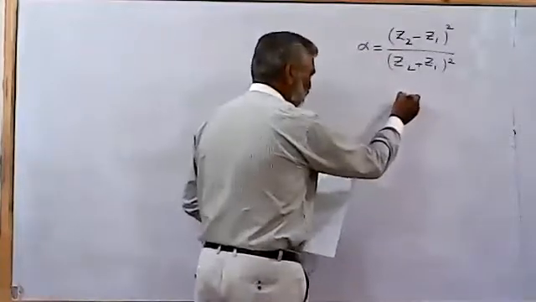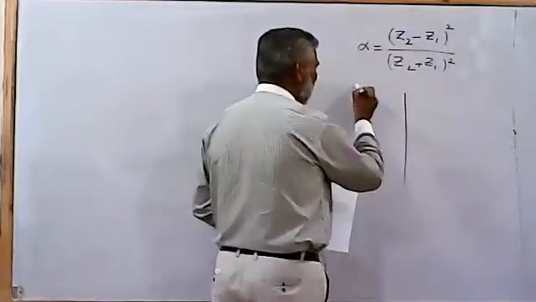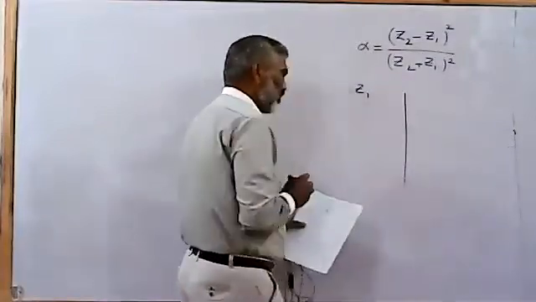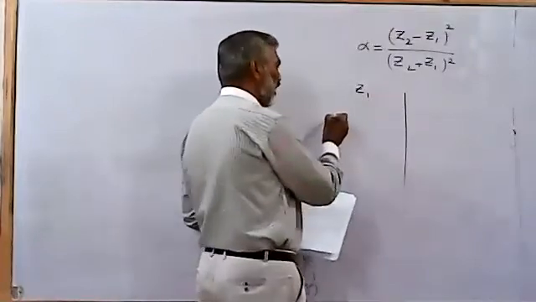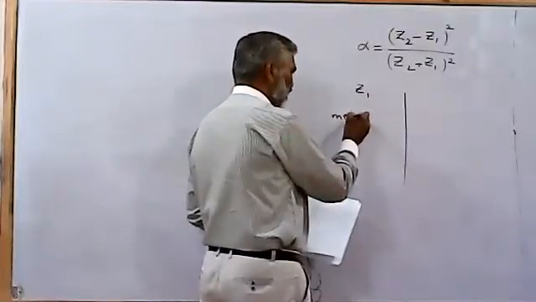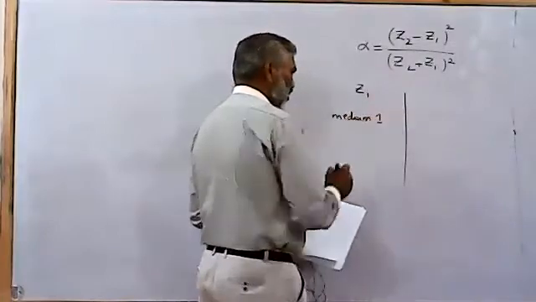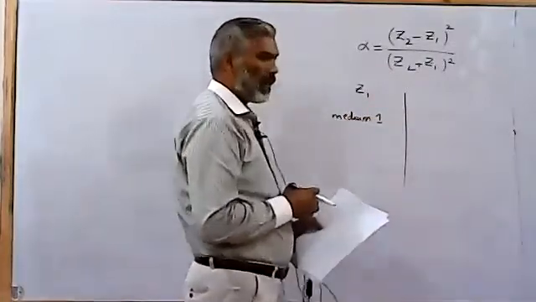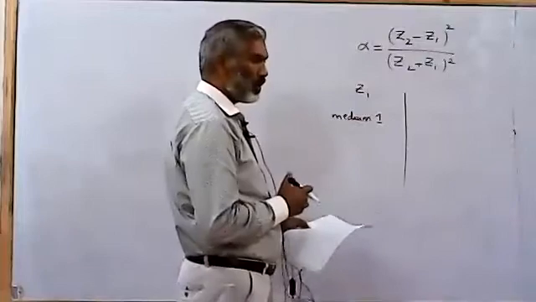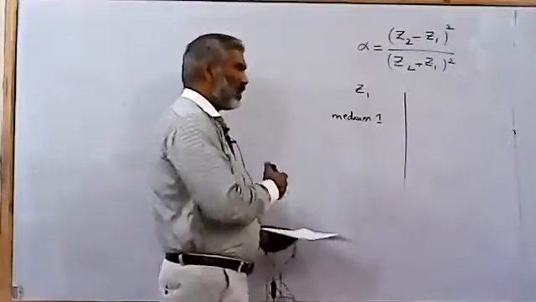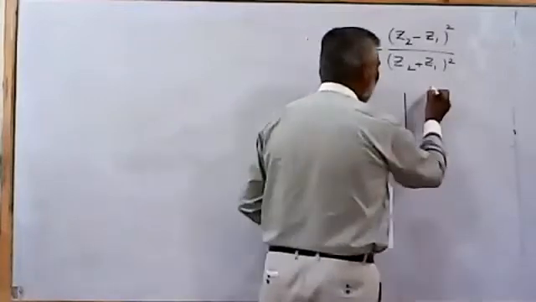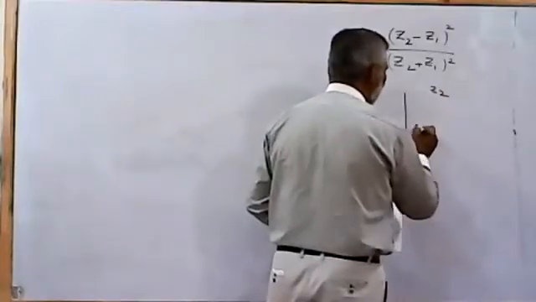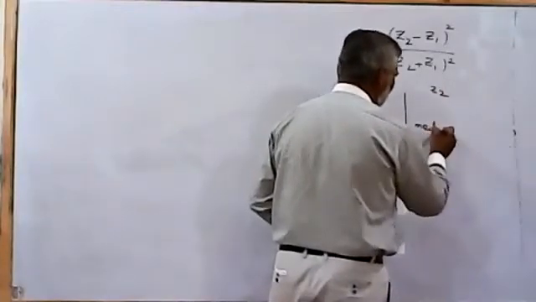Which means if this is the boundary separating two media, with acoustic impedance Z1 for medium 1, which could be air, which could be muscle, followed by some other medium, Z2 is medium 2, of course.